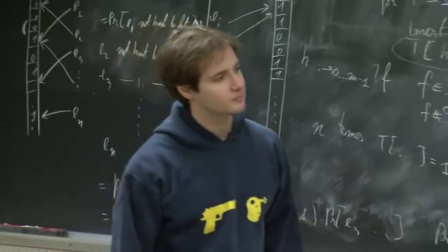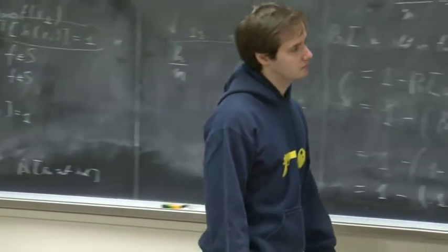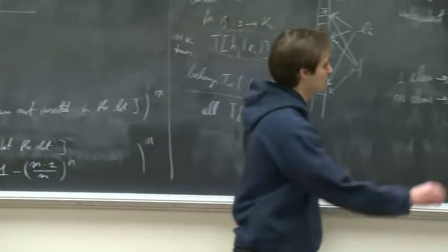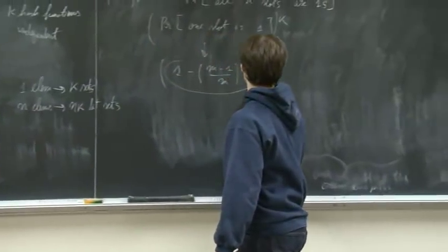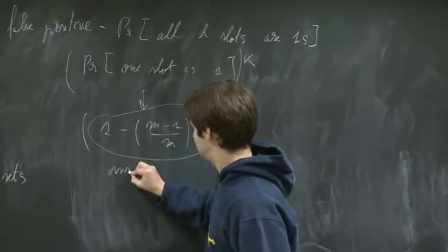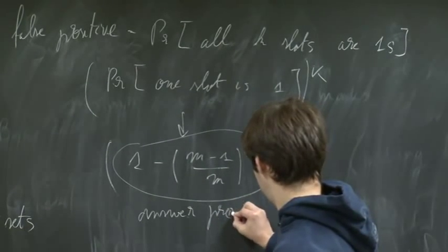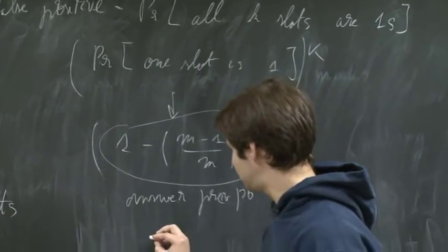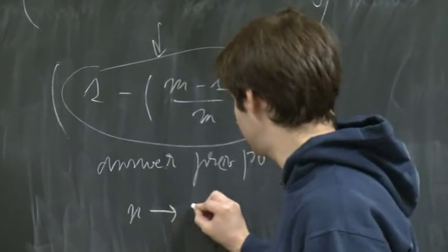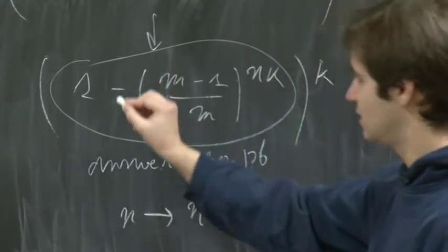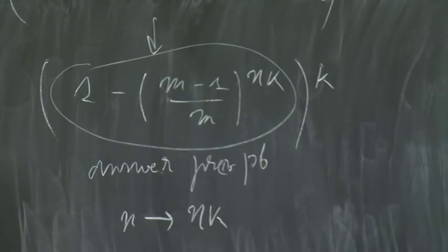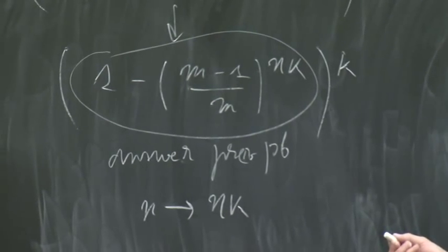Because down there, if we replace n with nk, then we just get everything. So this thing in here is the answer to the previous problem, except you take an n and you replace it with an nk. So this is the probability that 1 bit is set to 1.